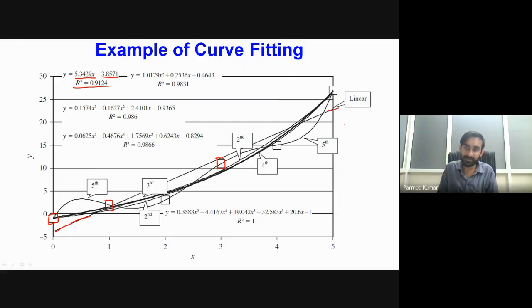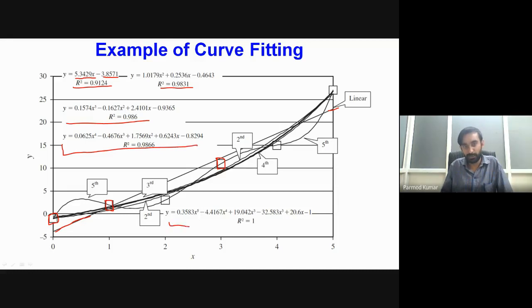Then the same data points are also fitted using the second order polynomial. You can see this is the second order polynomial fit, and the equation and the corresponding r square value are also given. Then the third order, fourth order and fifth order polynomials are also given.